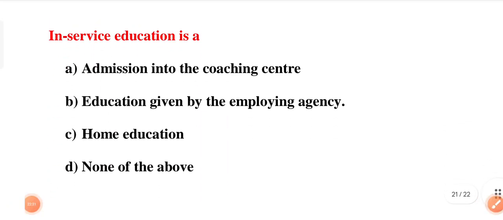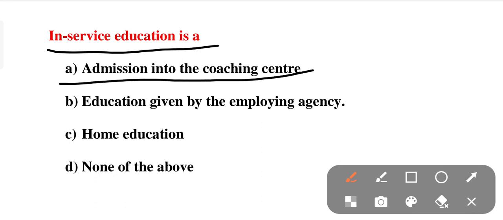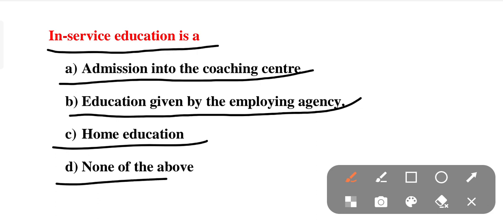The next one is, in service education is a. What is the meaning of in service education? Option A, admission into the coaching centers. Option B, education given by the employing agency. Option C, home education. Option D, none of the above. So the right one is option B, education given by the employing agency.